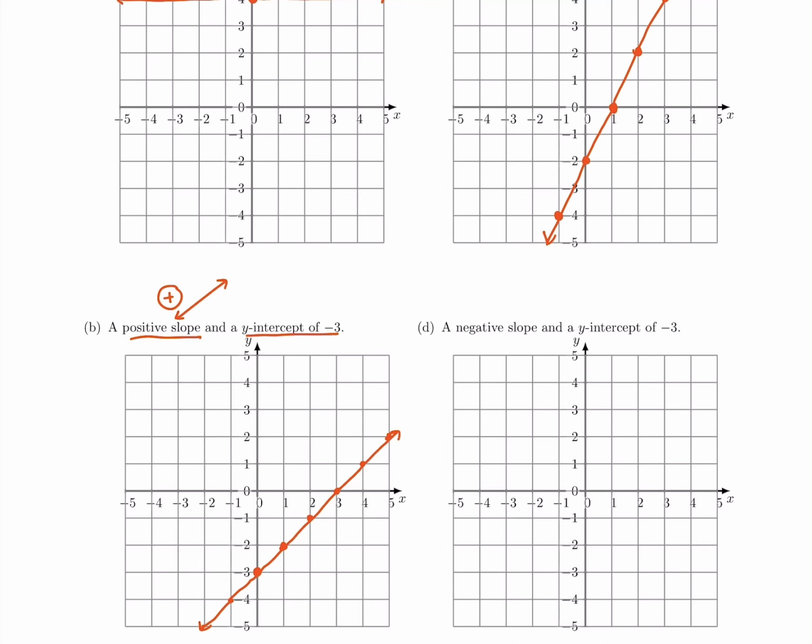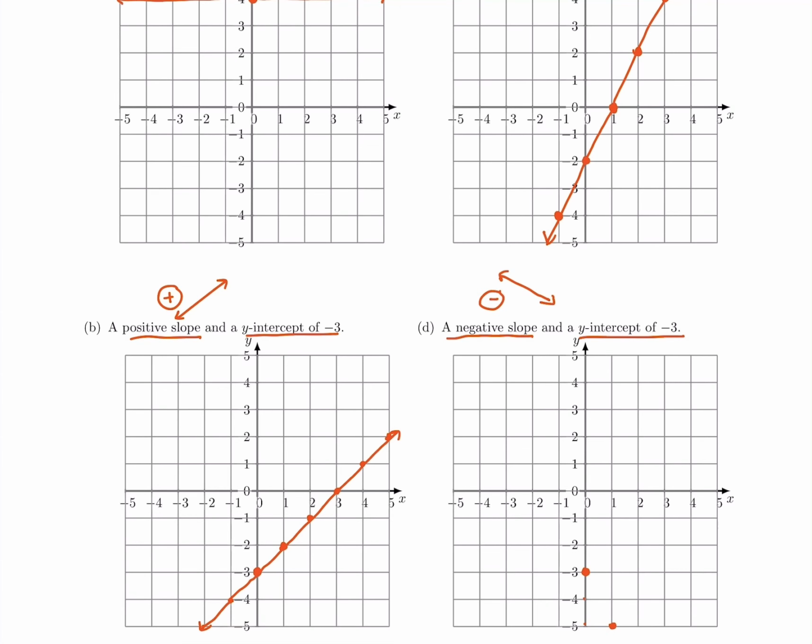All right, and our last one on this page, we have to draw something with a negative slope. So it's going to be falling as we read it left to right. A negative slope, and a y-intercept of -3. So there's our starting point. When x is 0, y is -3. And then we just want to draw a negative slope. So maybe I'll draw a slope of -2, which means I'm going to go down 2 over 1.